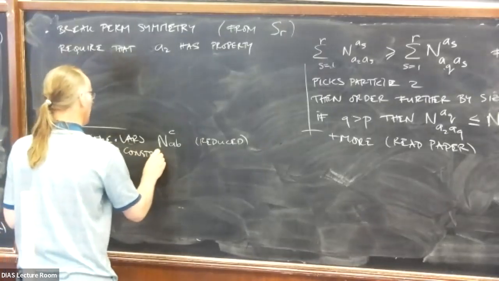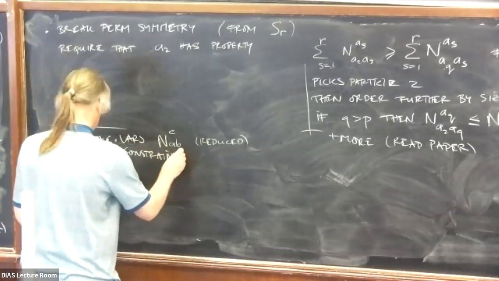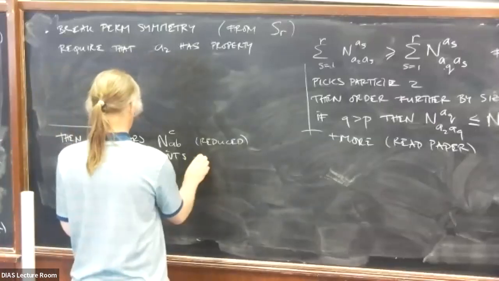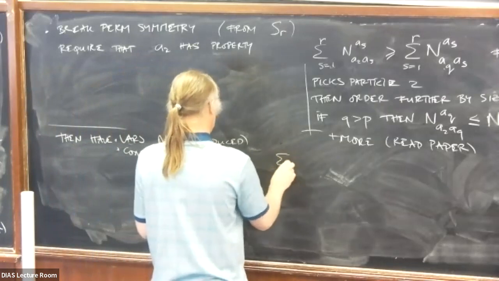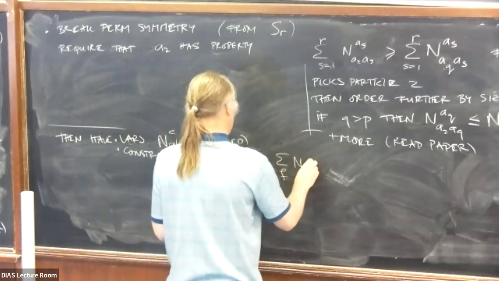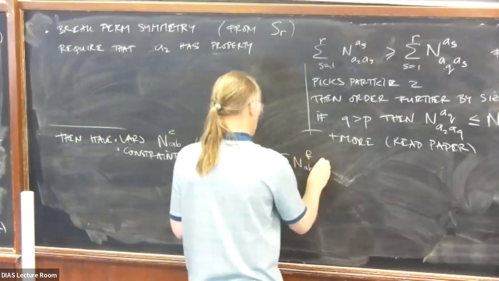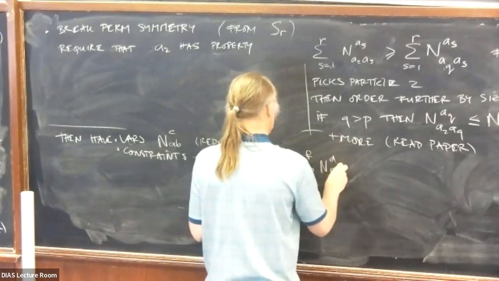which are, of course, associativity equations. Associativity is just, for example, the sum over F of N_AB^F and N_FC^D.